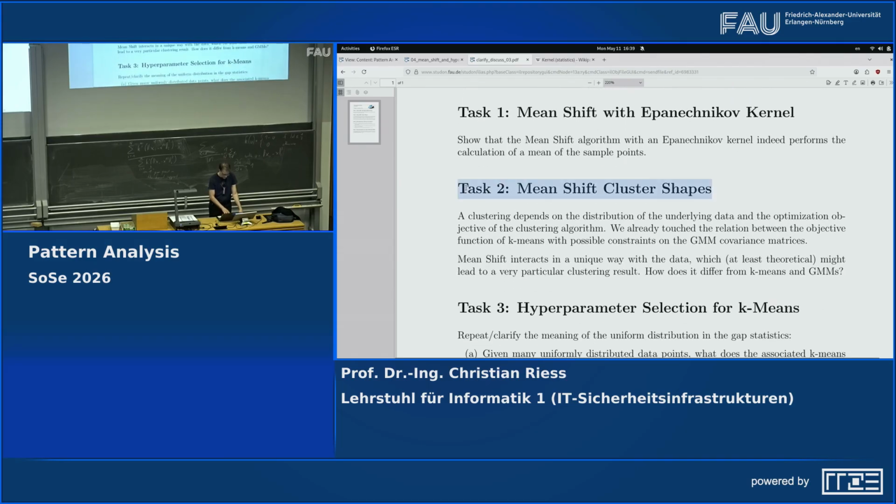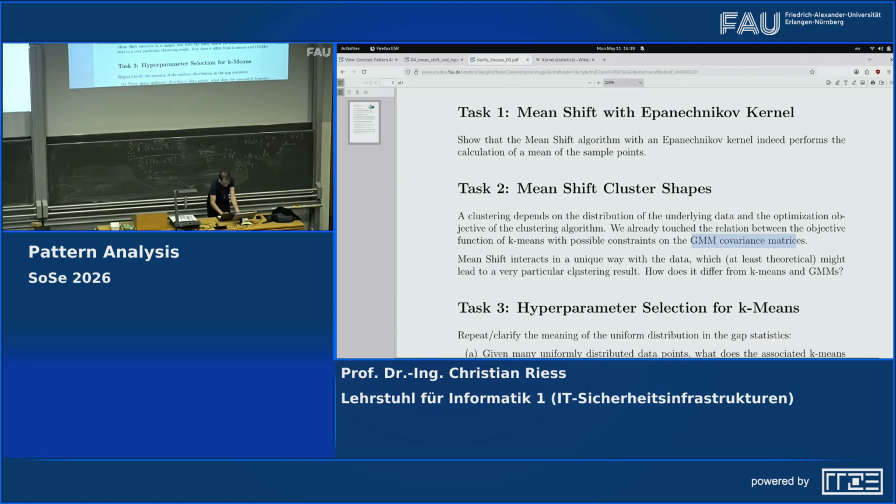Let's have a conversation about cluster shapes. A clustering depends on the distribution of the underlying data and the optimization objective of the clustering algorithm. We already touched on the relation between the objective function of k-means with possible constraints on the Gaussian mixture model covariance matrices.